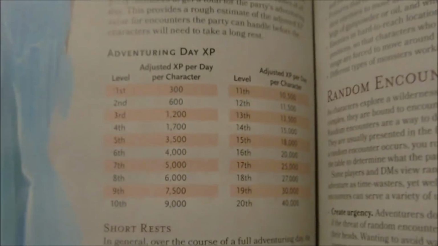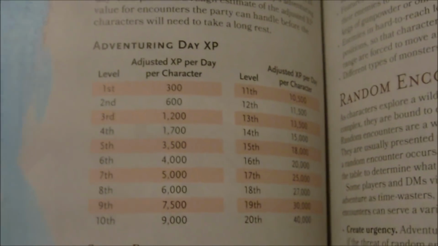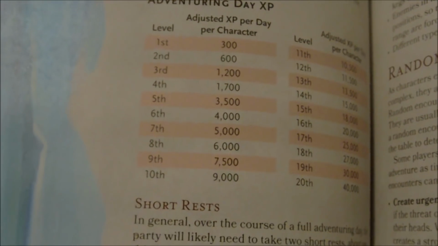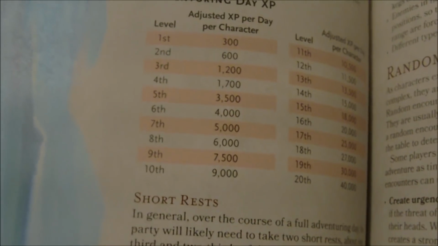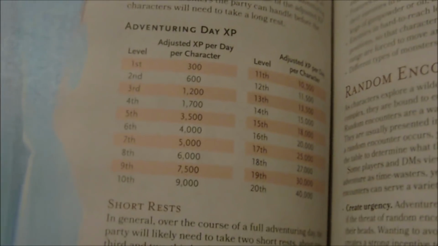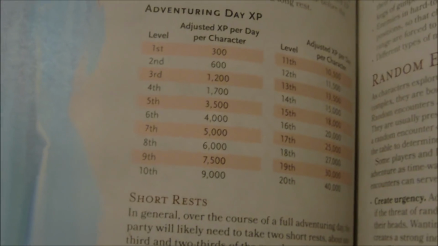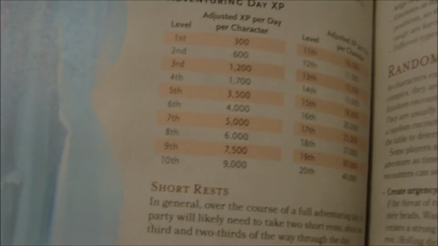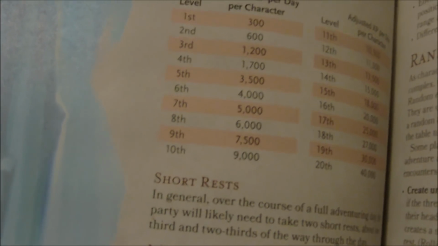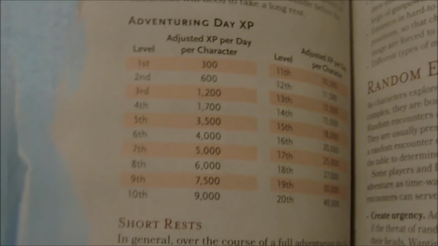Now, the book does mention a little bit later on, there's an adventuring day XP, I don't want to say limits, but expectations maybe. Now these are adjusted, so it looks like it means based off of multiplying it by the number of creatures, so not the actual number of experience points awarded.